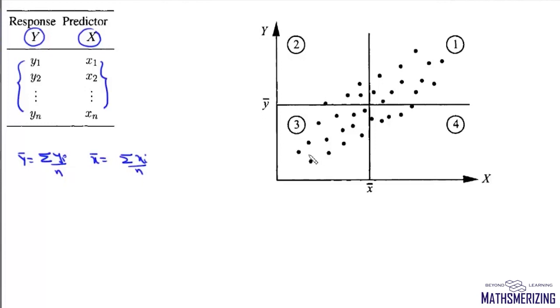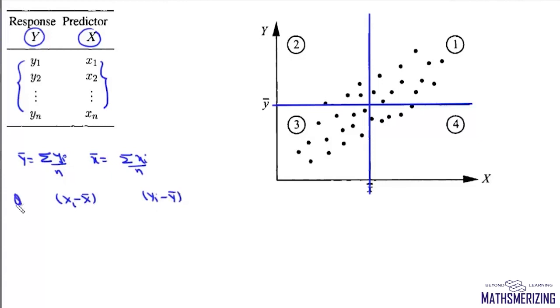Now if we plot these points and we draw lines on x bar and y bar, these two lines will divide this entire plane in 4 quadrants, say 1, 2, 3 and 4. Now if we consider deviations of each variable, then we have xi minus x bar and yi minus y bar.